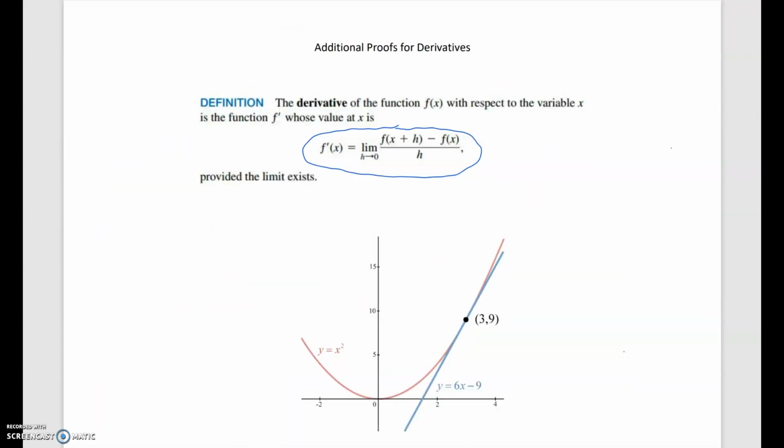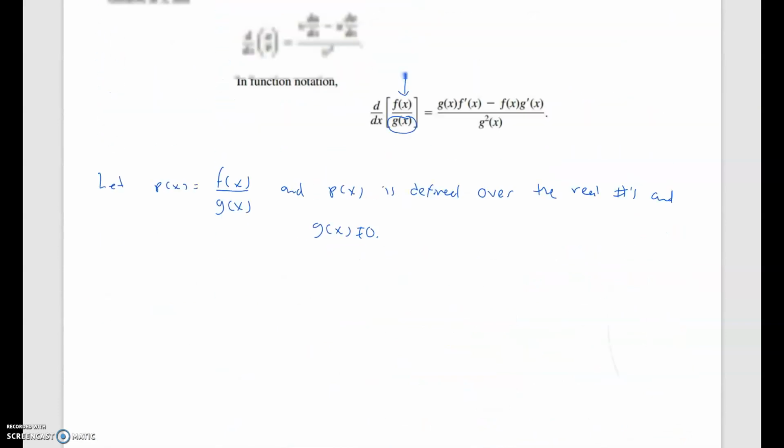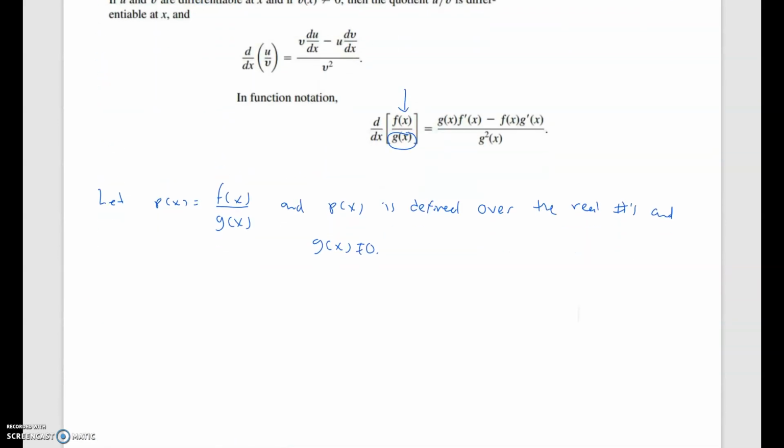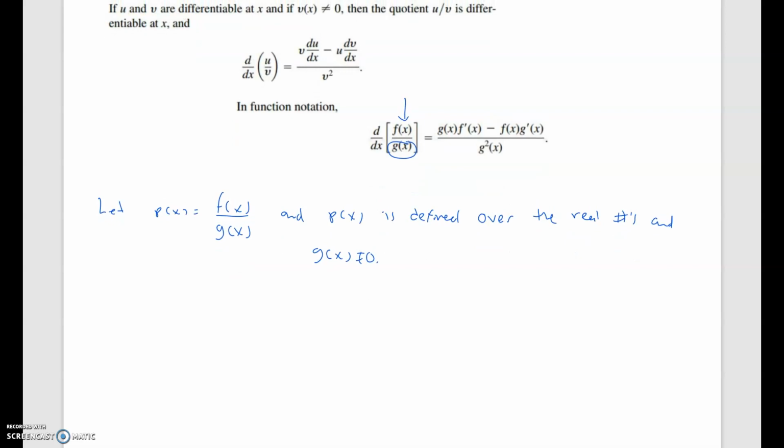So in this case, I'm just going to apply the definition, going back to the original definition. Here, f prime of x, I'm going to define as p prime of x using the notation that I started with. So p prime of x is equal to the limit as h approaches 0 of the following mess.